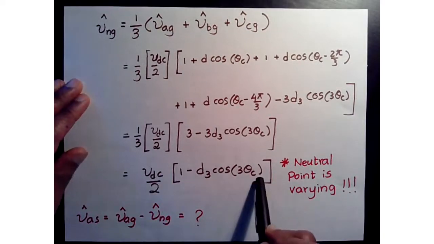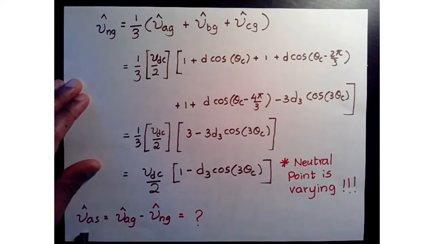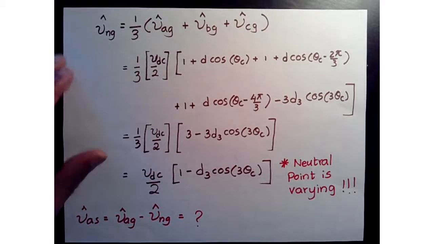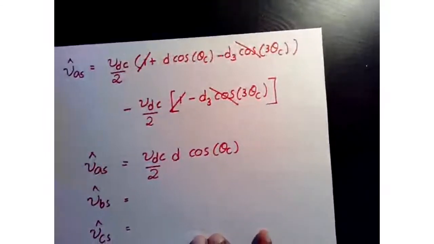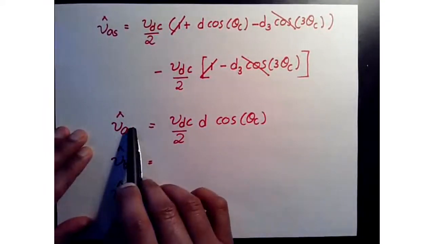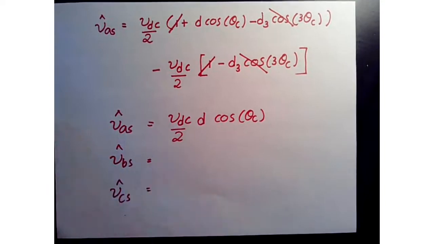Now with that, we want to see what our VAS is, because it's a little bit different from the previous case. Let's see what our VAS looks like. Now, to our surprise, when we substitute this neutral point voltage, what we will get is phase voltages are going to be the same.